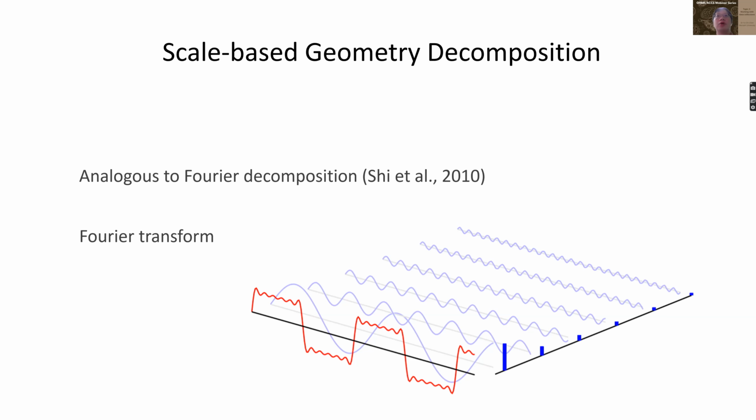Before talking about the geometry decomposition, I'd like to talk about the Fourier decomposition, which is the most classical example for signal analysis. The red line here is the original wave signal, and we can decompose it into the waves at different frequencies. Each has its own frequency, and we can also calculate the contribution of each decomposed wave signal to the original wave signal.